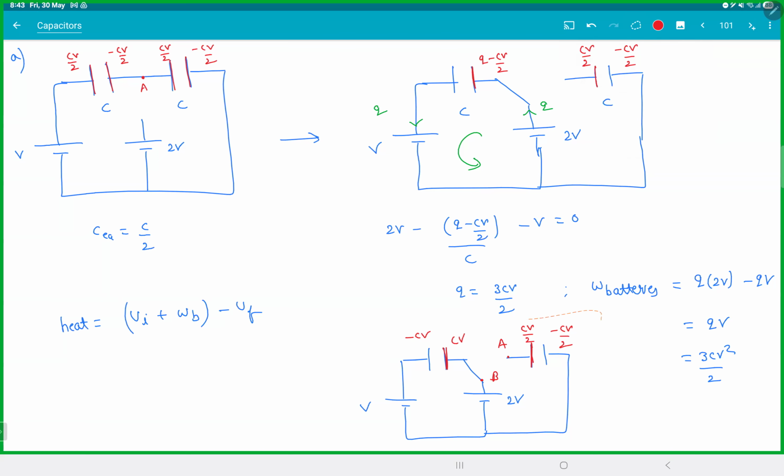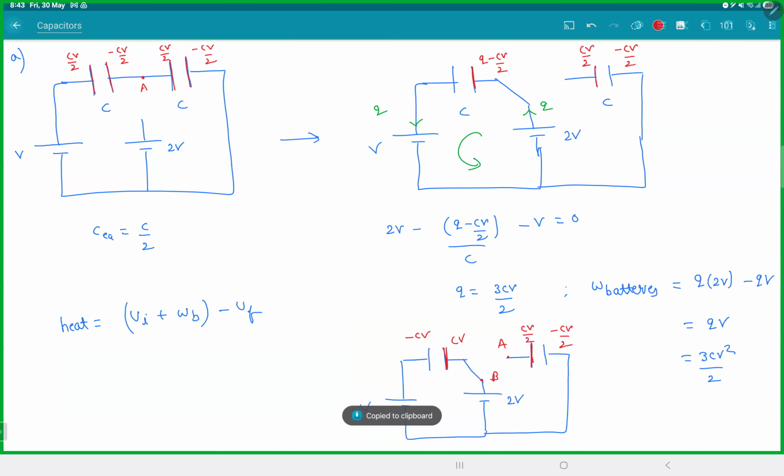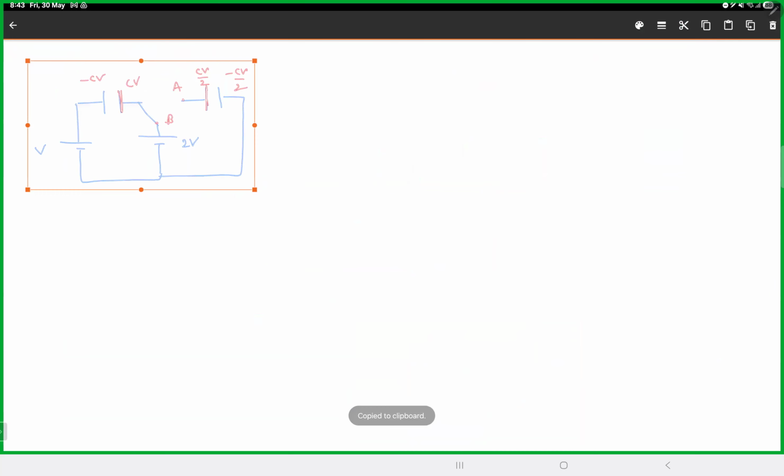So this would be the initial circuit now.